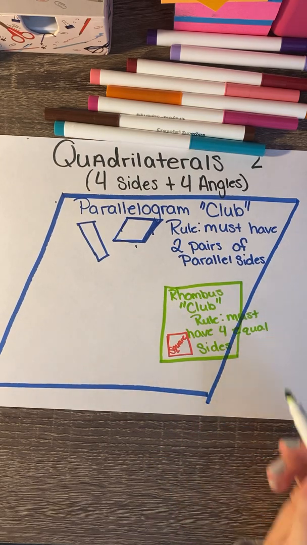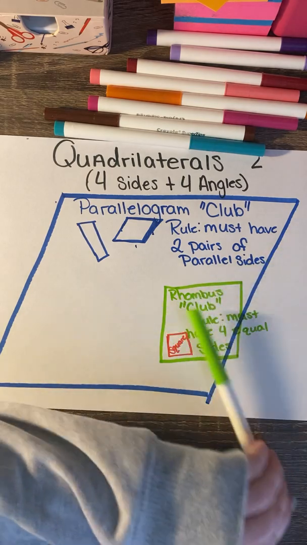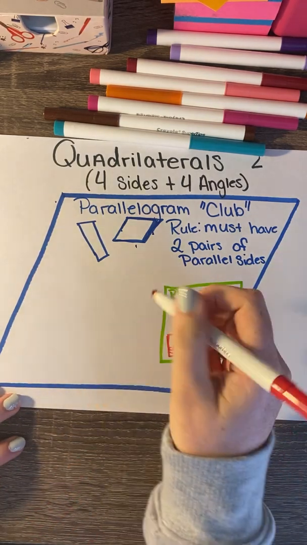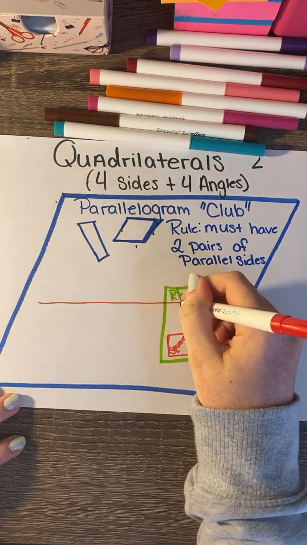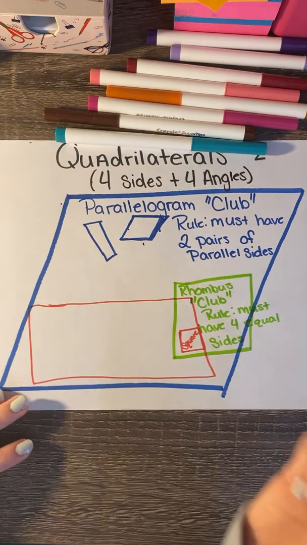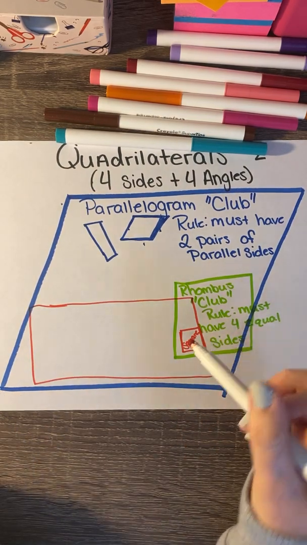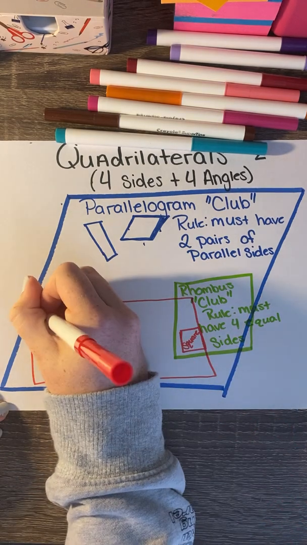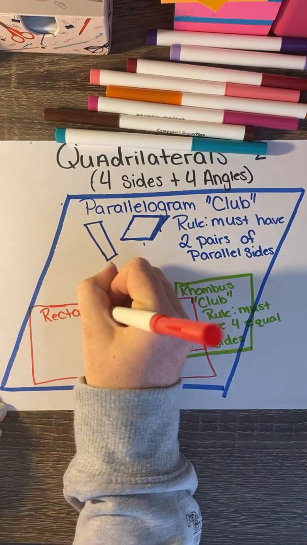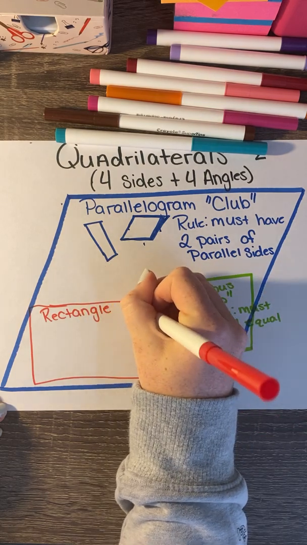Okay, next step we're going to take is the rectangle club. So when you're drawing your rectangle club, you want it to go in, but make sure it goes around that square. Because I'm going to explain in a minute, a square goes into the rectangle club. So we're going to put rectangle club.